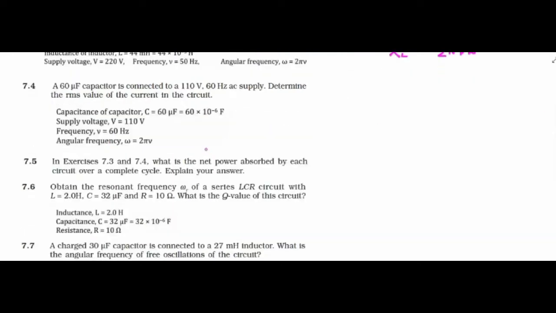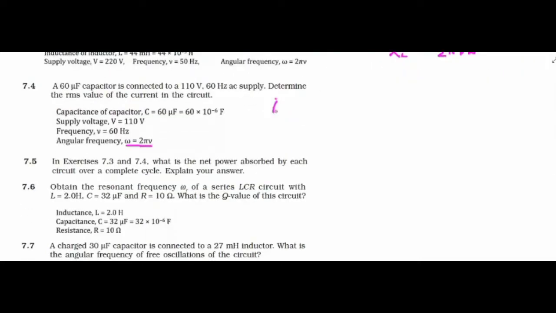Now, question 4. A 60 microfarad capacitor, supply voltage VRMS is given 110 volt. Frequency is also given. Again, here also we can calculate angular frequency using the formula omega is equal to 2 pi nu. And you are asked to calculate the value of RMS current.